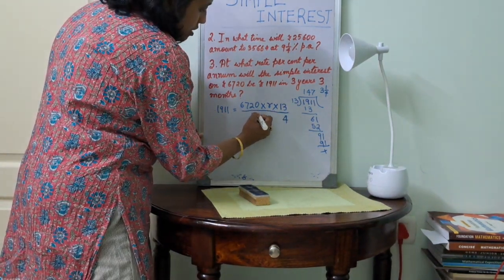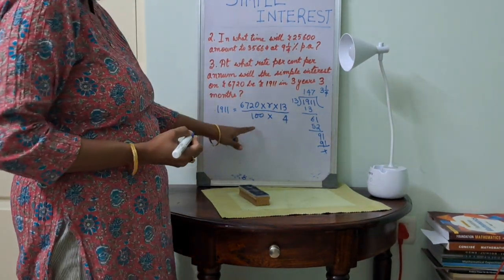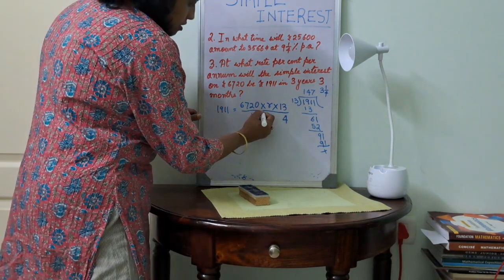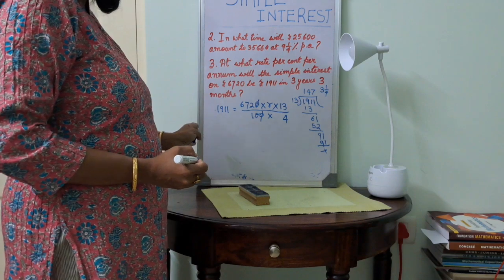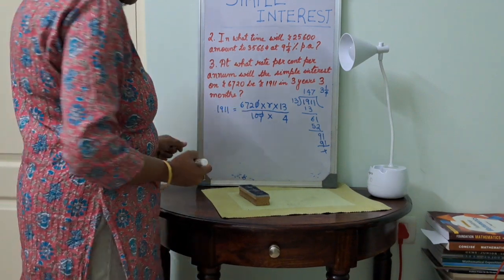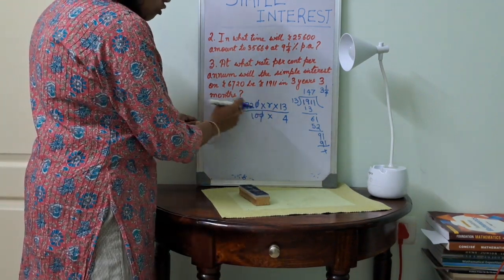So we'll write as usual 100 in the denominator. Cancel the 0. Now we will take all the constants to the other side. It is an equation in R. So all constants should go to the other side.